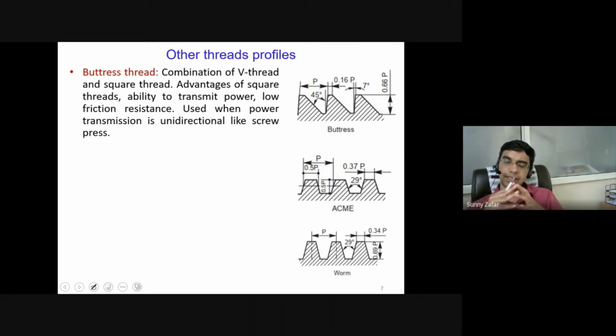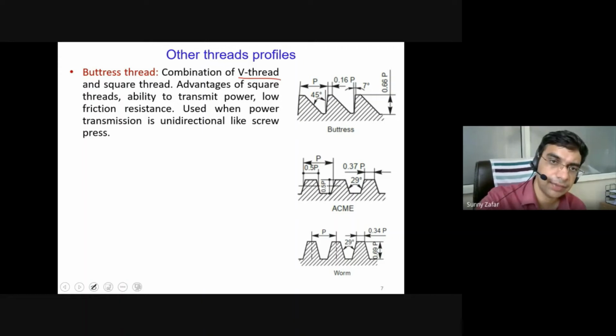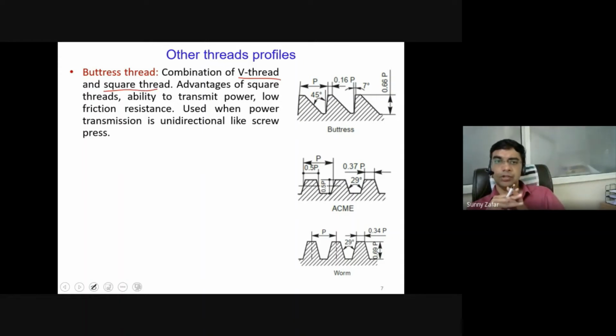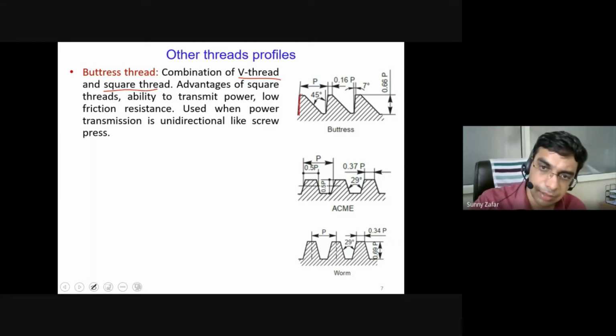Next is the buttress thread. So buttress thread basically derives the combined advantage of the V thread, that is the 60-degree thread which we have studied, and the square thread which was studied in the previous slide. By combining these, one flank becomes perpendicular. This is coming from the square thread profile, and the other is inclined at a 45-degree angle.